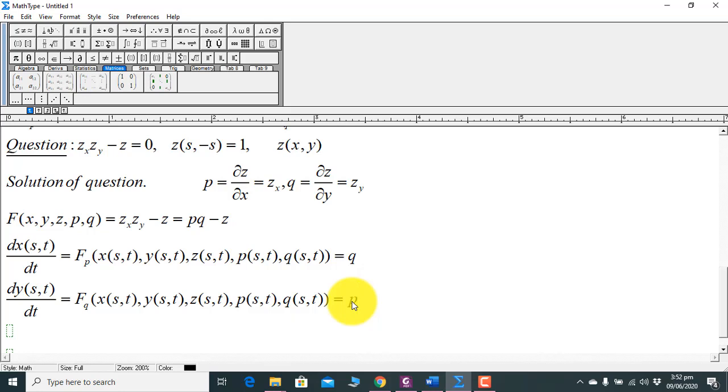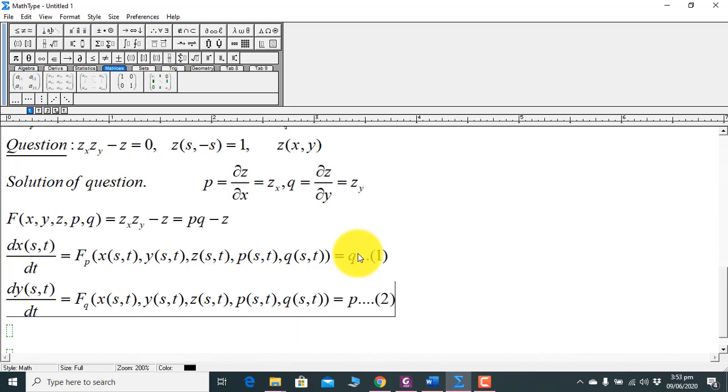At that moment, just stop and think: can you solve this equation? This is equation 1, and this is equation 2.